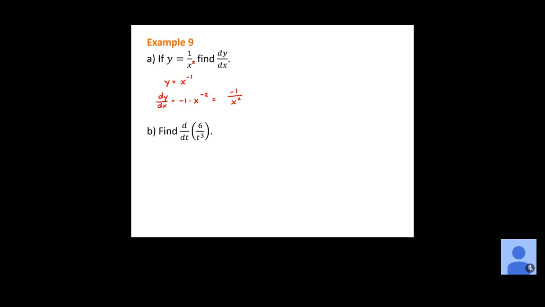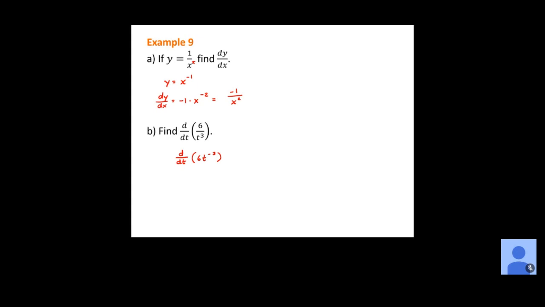But in this case, we can actually think of this one just like we did the previous one. So how could I rewrite this instead? Good. So I'm just going to say this is 6t to the negative 3. Okay, so whenever you've got a simple fraction like that, where it's pretty easy just to bring the t up to the numerator and make it a negative exponent, this is going to be the shorter way rather than having to go through the quotient rule, right? But if you use quotient rule and simplify, you're going to get the same answer.